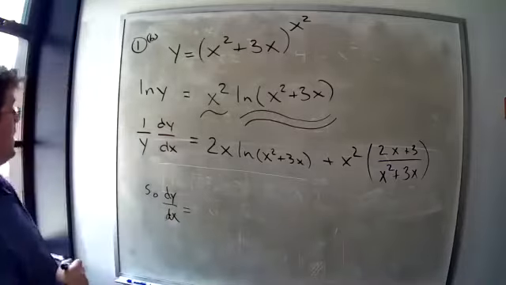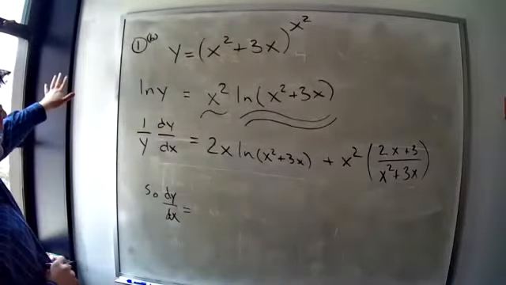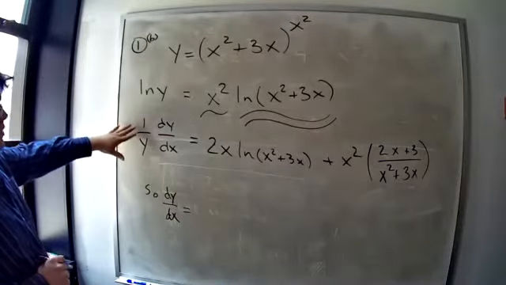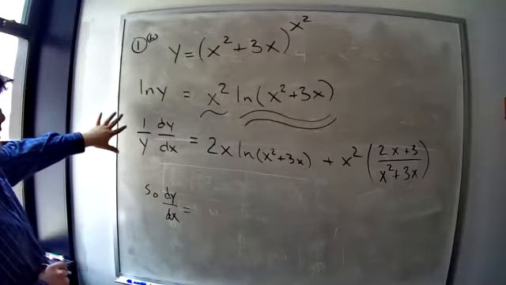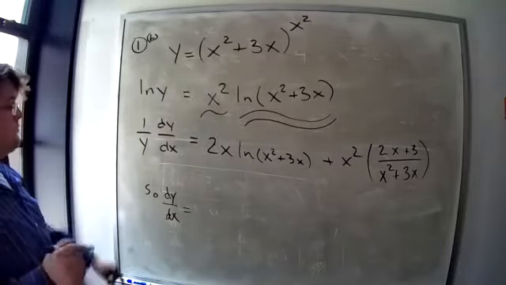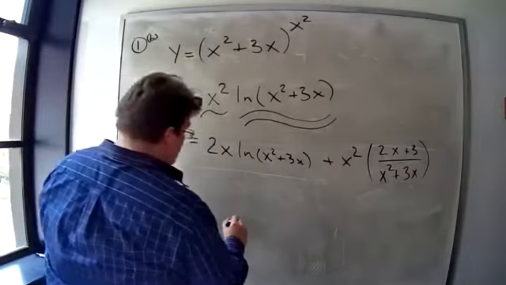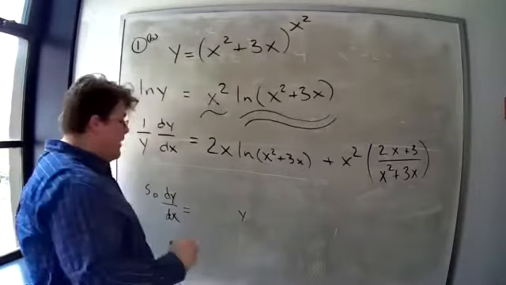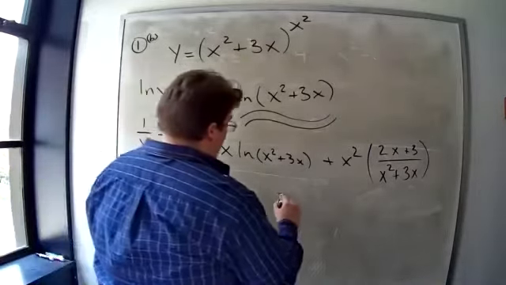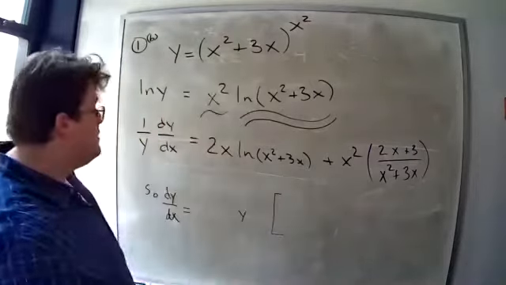So we can solve this for dy dx, multiply everything by y. That'll cancel out this 1 over y. Left side times y gives us dy dx. Right side times y gives us what? Well, I'm going to leave a large gap there. Just write y times what's on this right side.